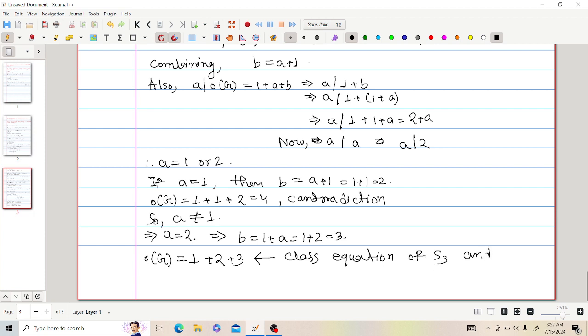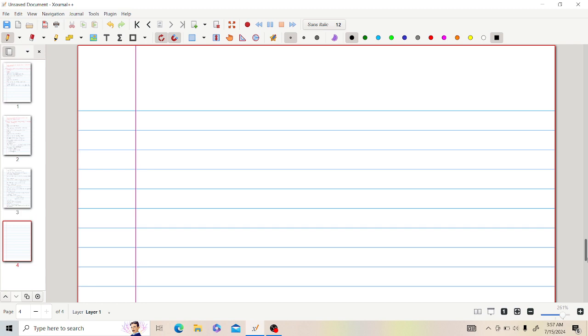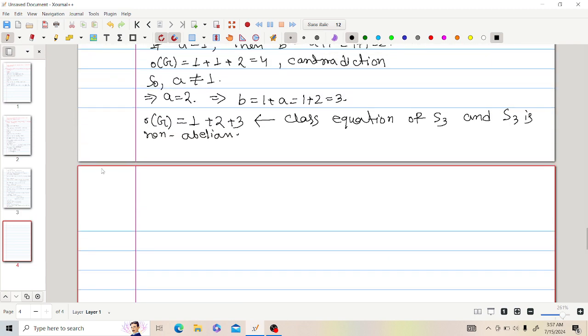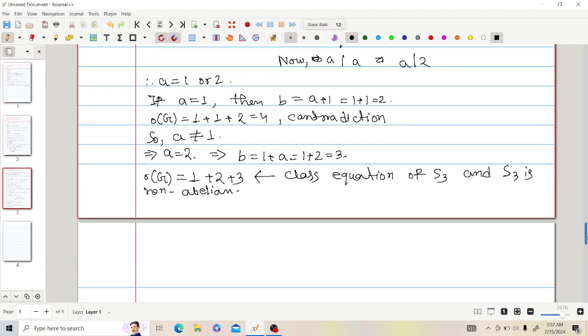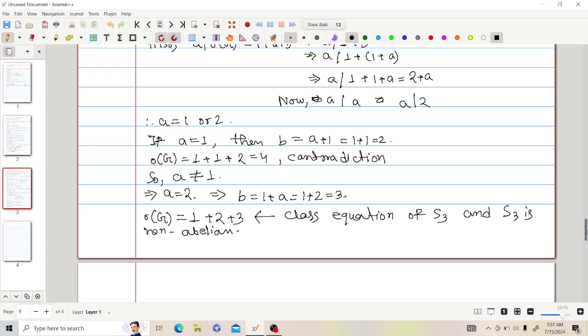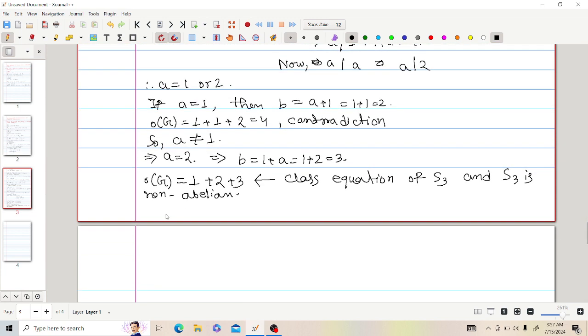And S3 is non-abelian. So finally, in the second case, where we assume G is non-abelian, we get the group S3 only. So G is isomorphic to S3.